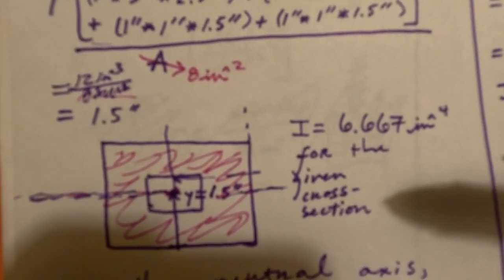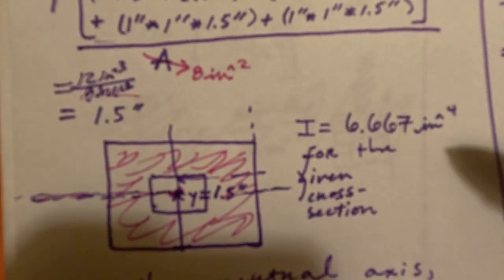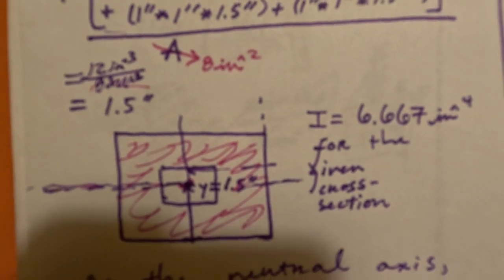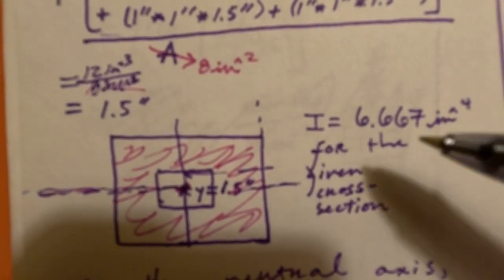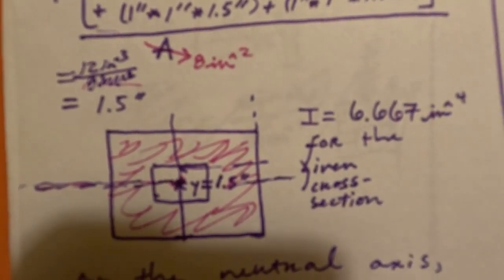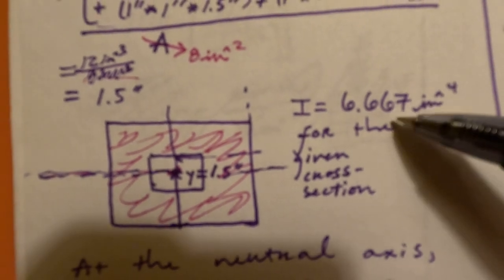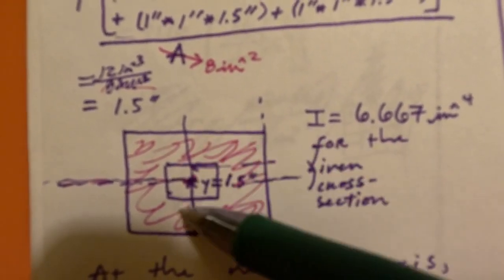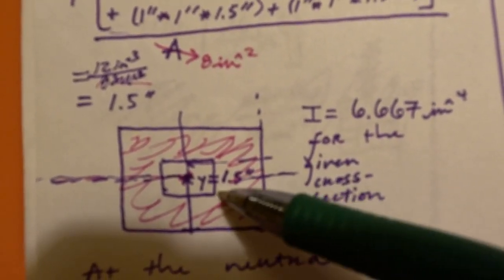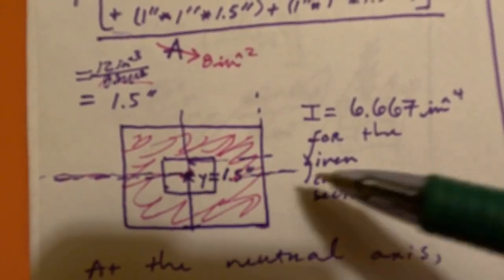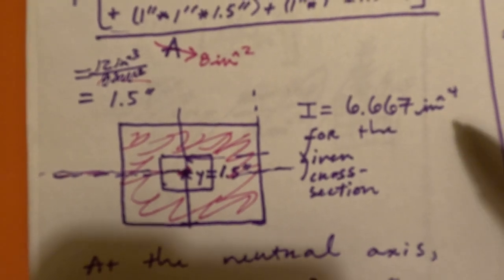Now we have the inertia component here, and this is for the given cross section. You can look this up in a chart, what this I value would be. For this one, it's 6.667 inches to the fourth, and that's based on each of these being 1 inch, so 3 inches by 3 inches with a hole in the middle comes out to 6.667 inches to the fourth.